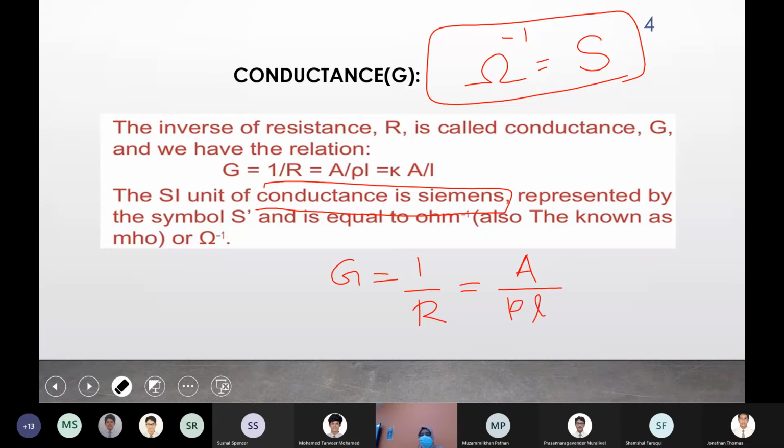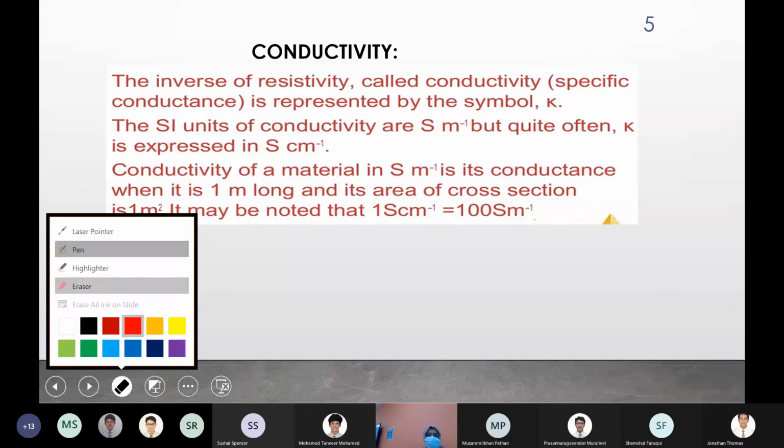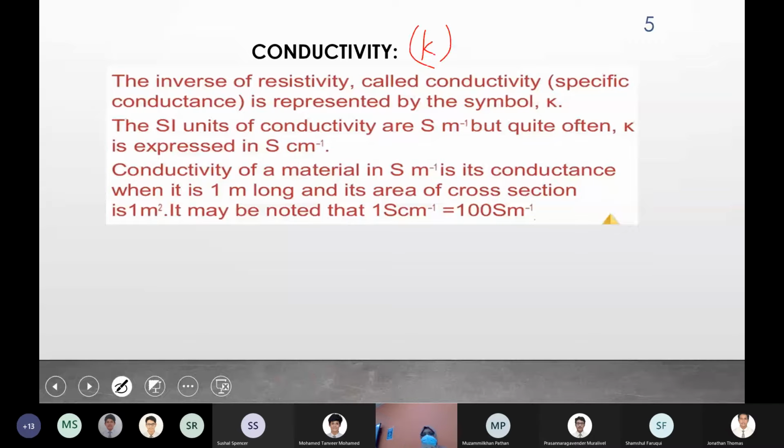Okay, so next, conductivity. This is the reciprocal of resistivity, 1 by rho. Conductivity is the reciprocal, or the inverse, of resistivity, and is called conductivity or specific conductance. The symbol of conductivity is K, which is also called kappa. K means kappa.